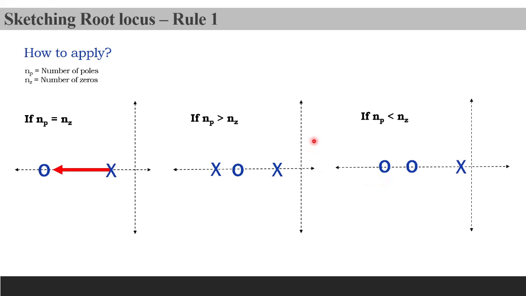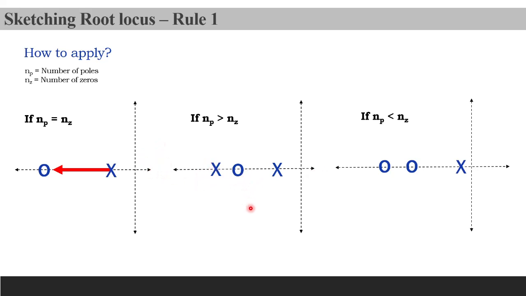Of course, we can say that there is a hypothetical pole at infinity when the number of poles is less than the number of zeros, and when the number of poles is greater than the number of zeros, we assume that there is a hypothetical zero paired up with one of the poles which are present here.